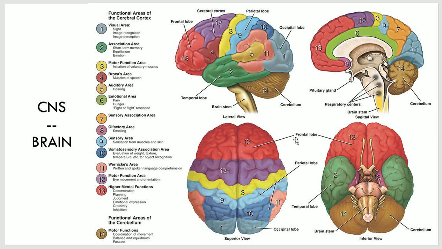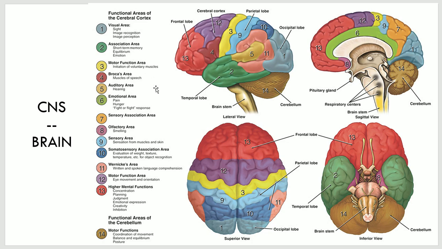So temporal lobe, right there. Also right here. Our association area houses short-term memory, equilibrium, emotions. And remember, we have a temporal lobe on both sides of the head. That's our association area.